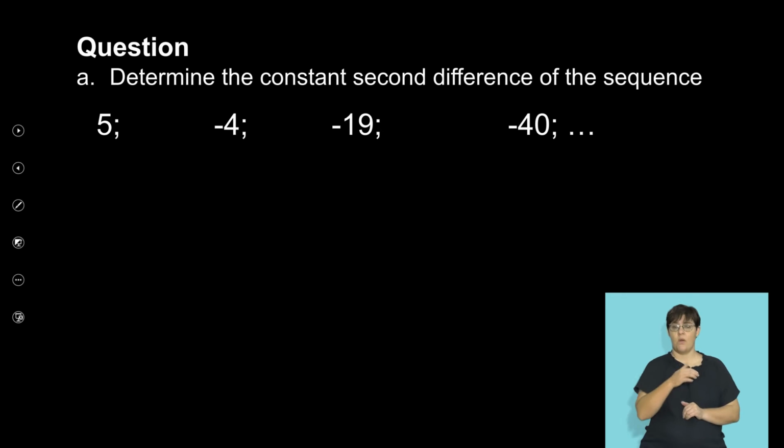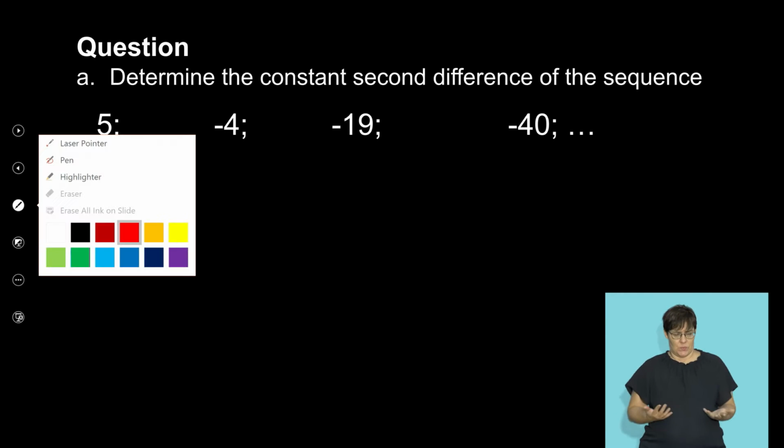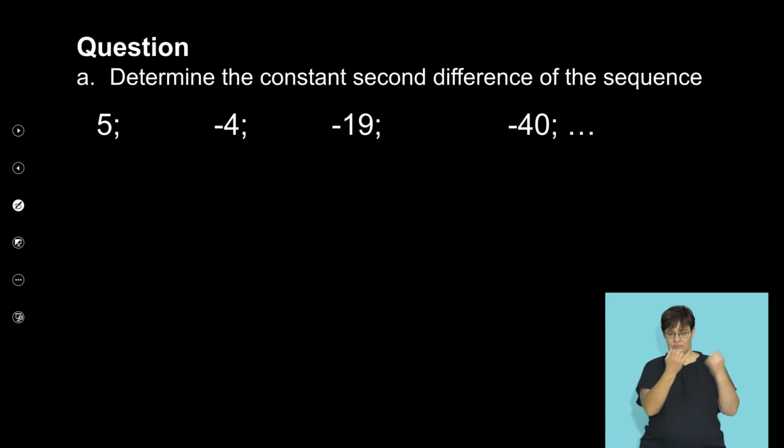So A is asking me to determine the constant second difference of the sequence. But in order to get my constant second difference, I actually have to first work out what my first differences are.